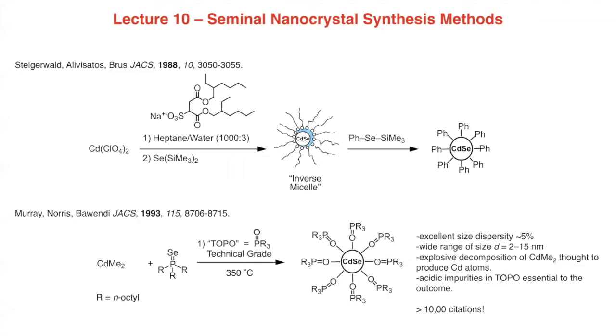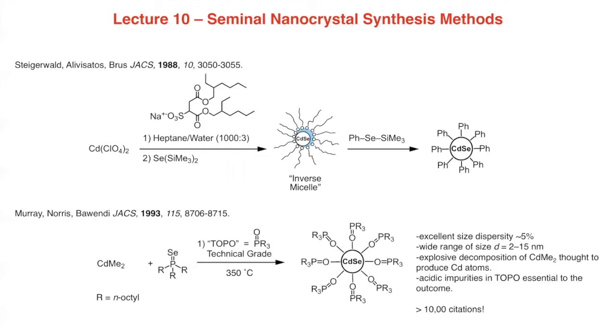Only 5 years later, Moungi Bawendi, who was a postdoc with Bruce and a contemporary of Steigerwald and Alivisatos, started an independent career at MIT, and he and his students, David Norris and Chris Murray, came up with this very famous reaction.